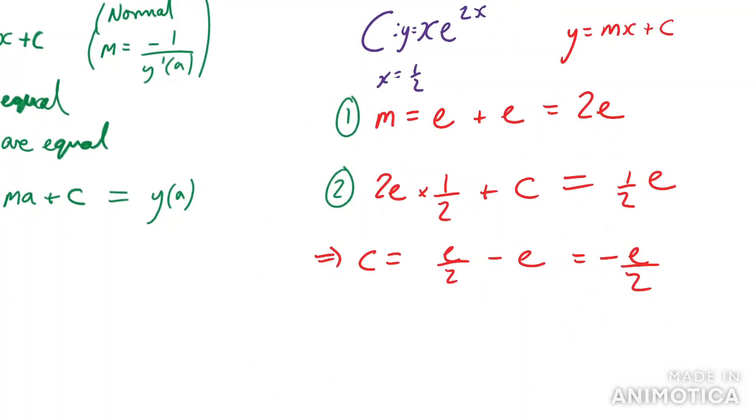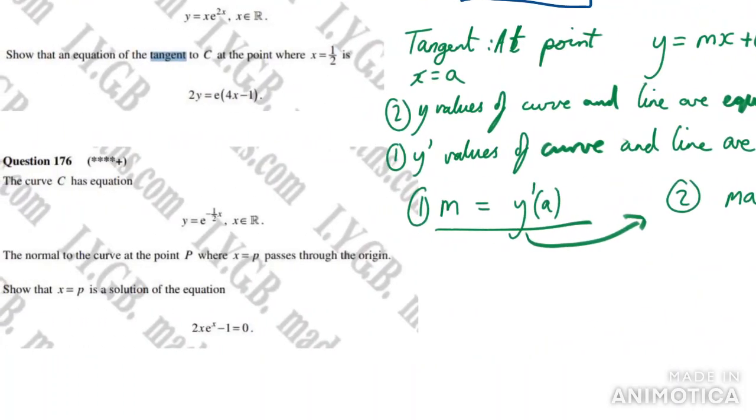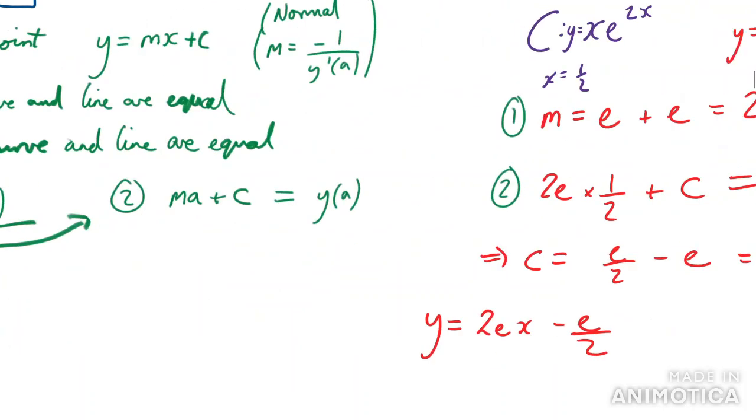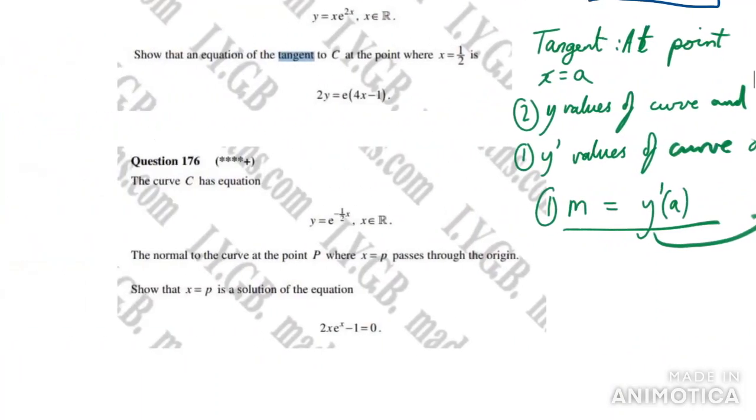And so our tangent line is y equals 2ex minus e over 2. And just having a look, that's the same as our answer if we just multiply it by 2 and factorize out an e. So you can see they're quite easy.